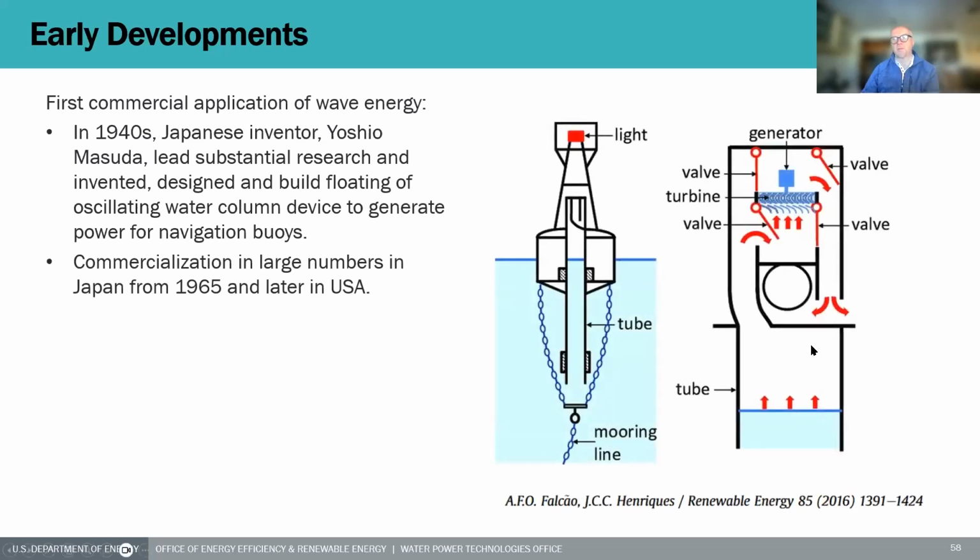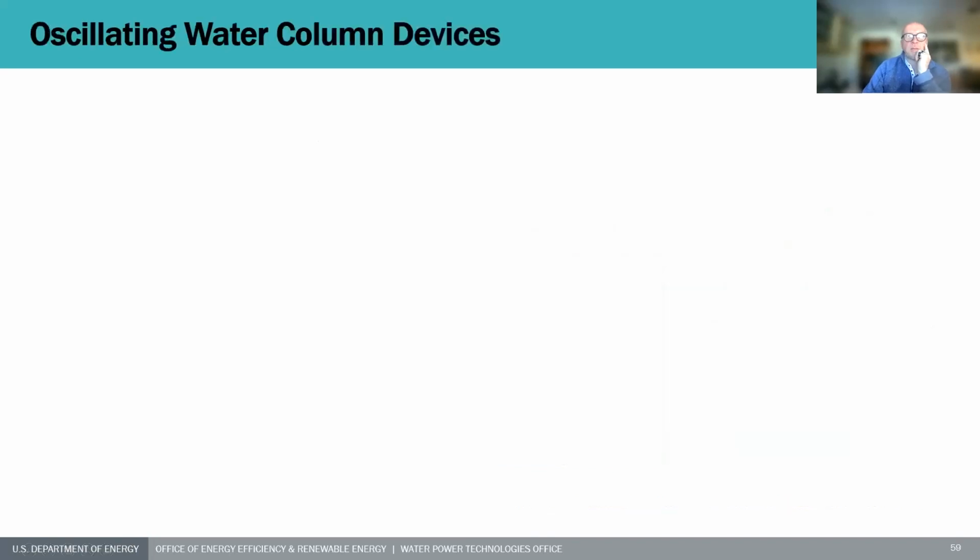This is what it looks like. So this is the buoy you can imagine with the mooring. What's happening internally, you have an internal water surface moving up and down, pushing air through a one-directional turbine, and with a valve system to ensure that the air goes this way and another way back. Oscillating water column in operation commercially, nice.